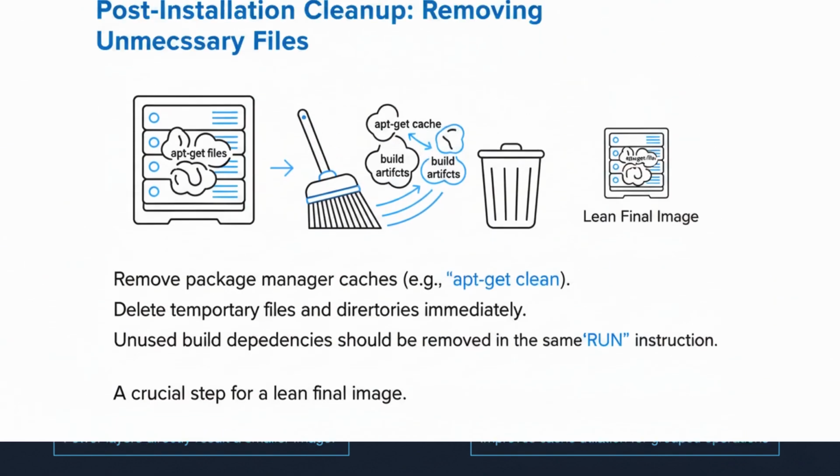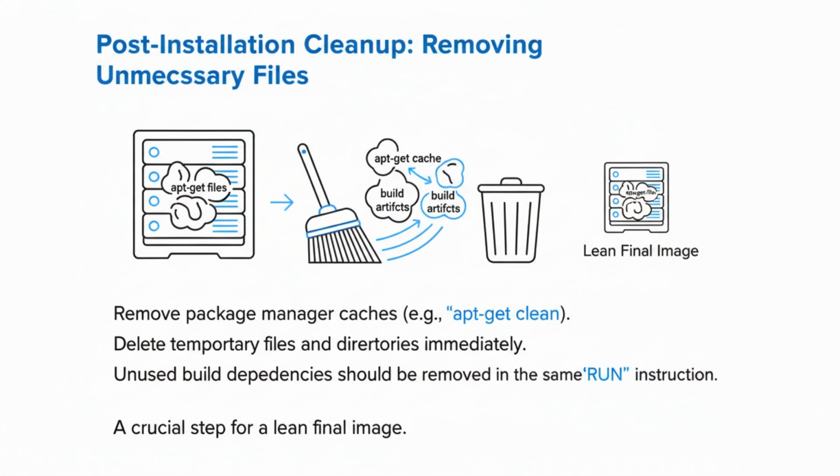layer caching. Following up on combining RUN instructions, it's equally critical to clean up immediately after installing packages or downloading temporary files. Package managers like apt-get or yum often leave behind cache files or download archives that are no longer needed once the installation is complete. Similarly, build tools might generate temporary files that serve no purpose in the final runtime image.